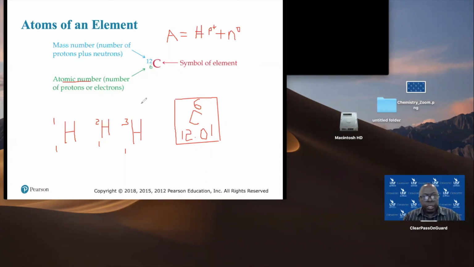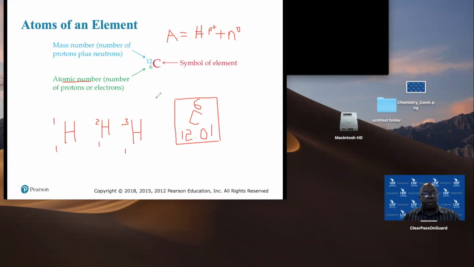This conveys information you need in calculating the subatomic particles. So this is an isotope of the element carbon, and these are three isotopes of hydrogen.